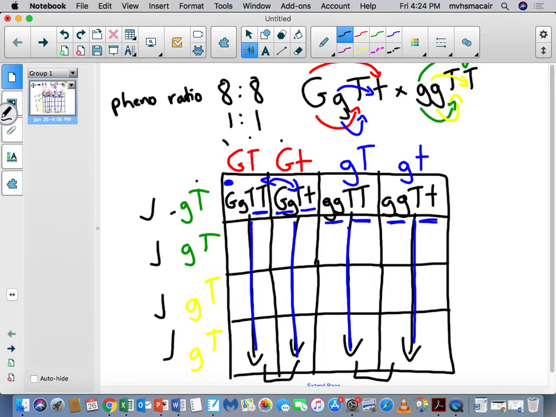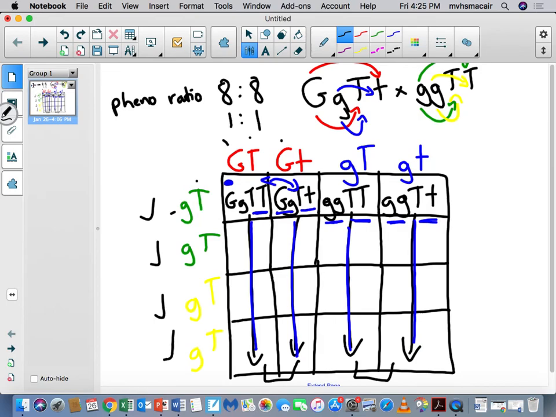Now please, when you're doing this, make sure you let us know what that 1:1 means. In this case, green skin and spots is one phenotype, and the other one would be yellow skin with spots.